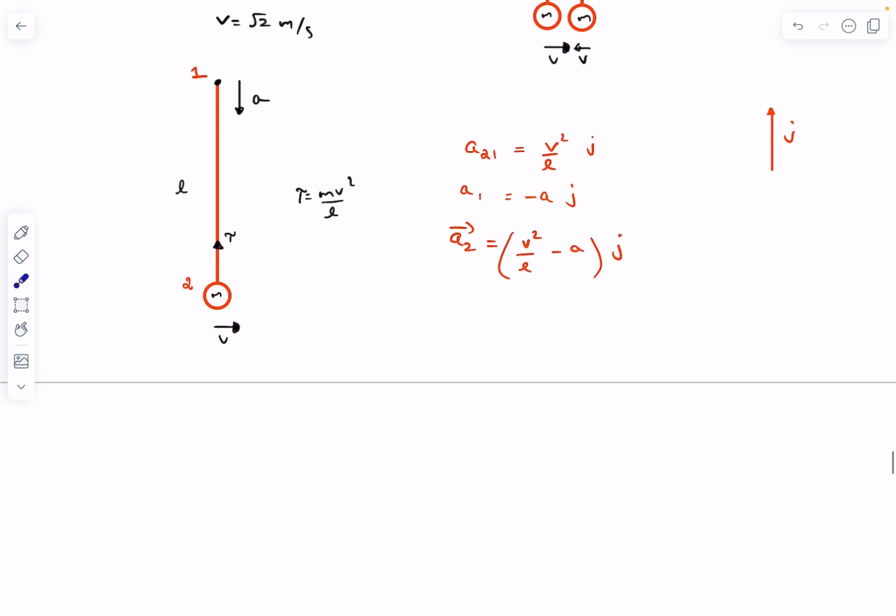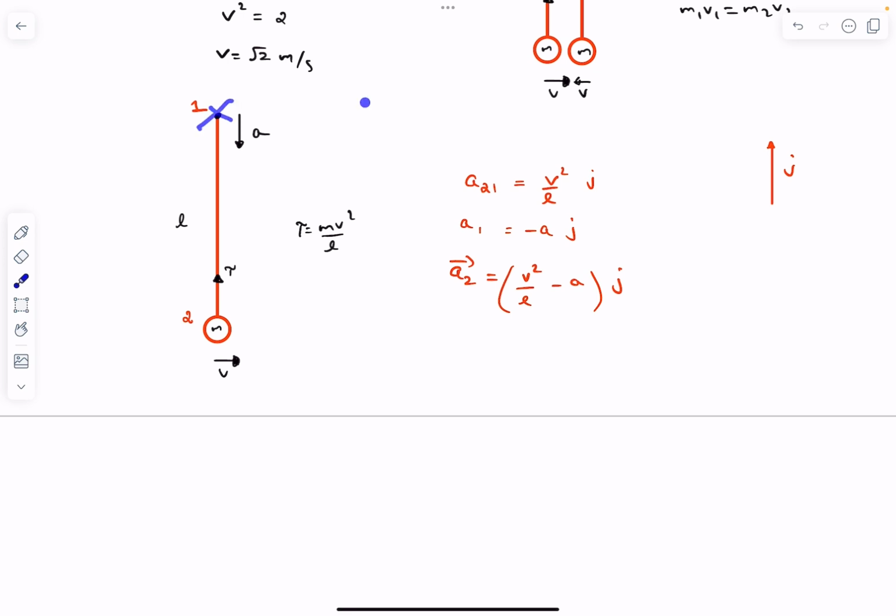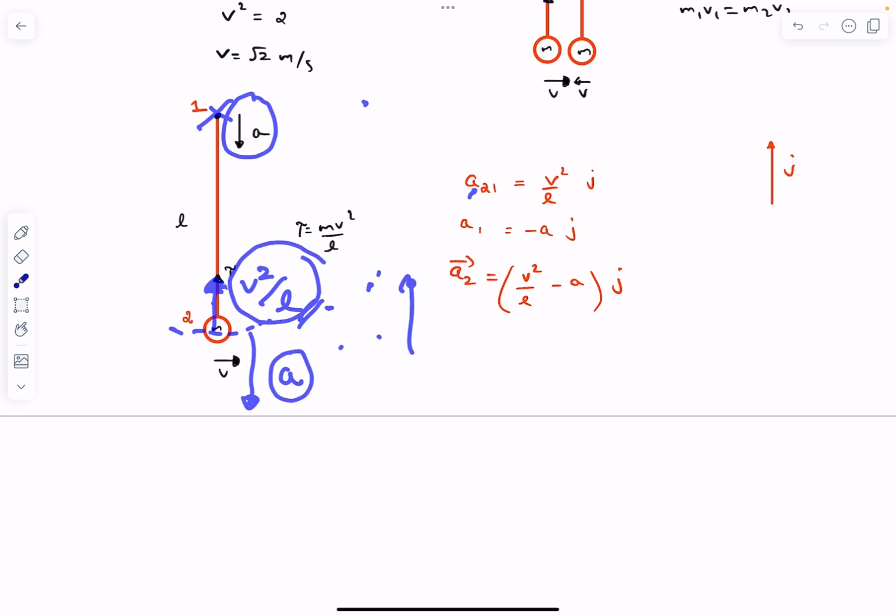To do it quickly: relative to point 1, the particle is moving in a circular path of radius L, so its acceleration is v squared by the radius of curvature, which is L. Then we add the acceleration of point 1 vectorially, which is a downwards. So effectively, its acceleration is v squared by L minus a in the upward direction.